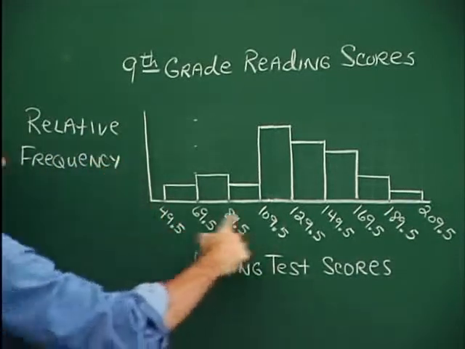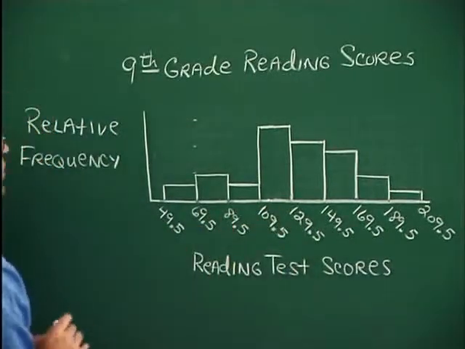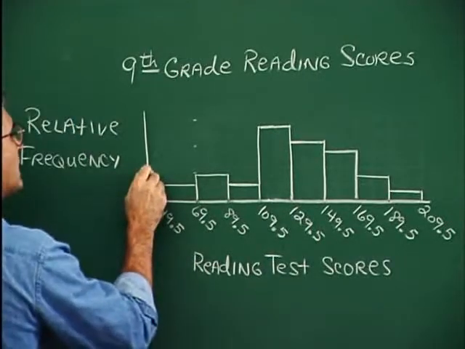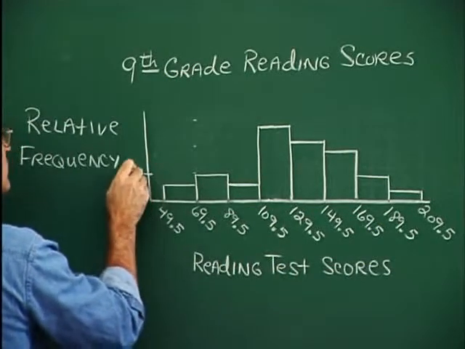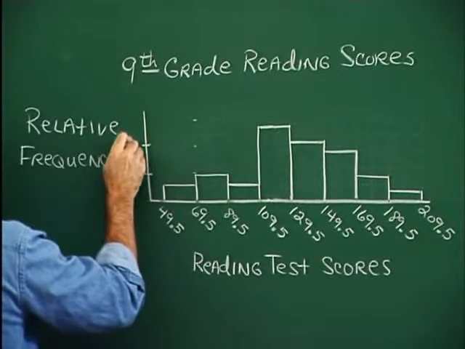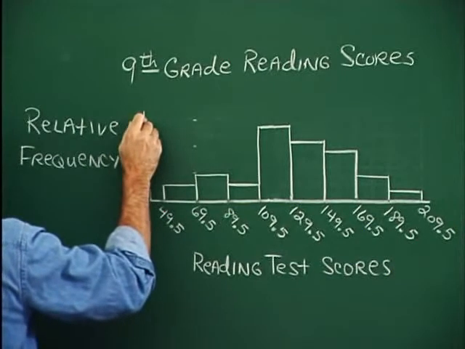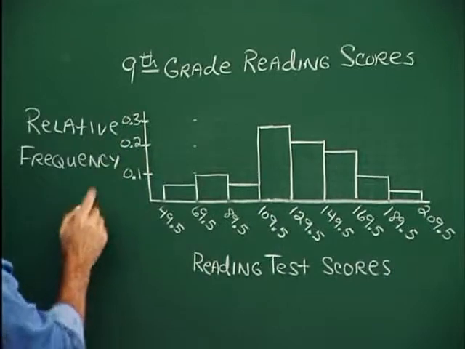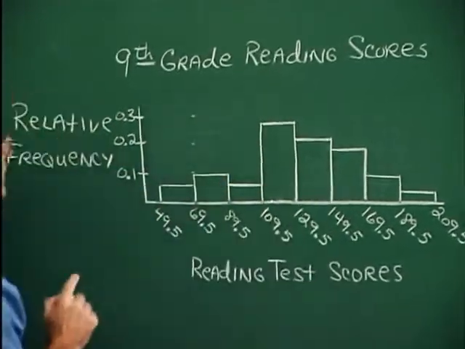And notice that this axis stays exactly the same. That is, the boundaries and the class widths and so forth stay exactly the same. And you know what? If I'm creative about writing in these relative frequency numbers, if I put in 1/10 here, 2/10 here, and 3/10 right about in this neighborhood, then it'll turn out that the graph is exactly the graph that we had before.